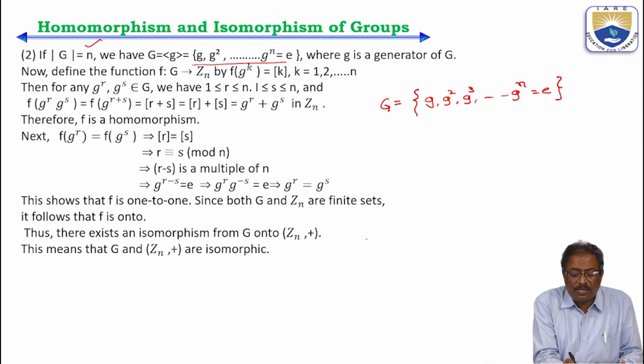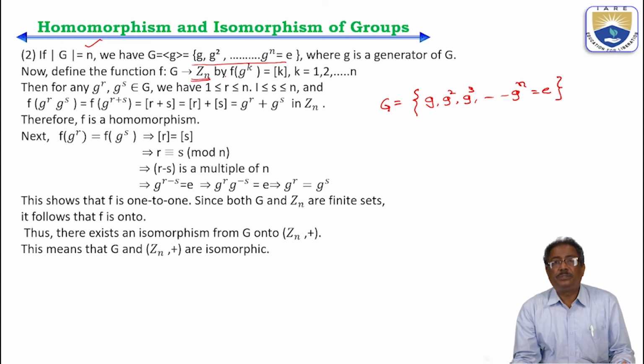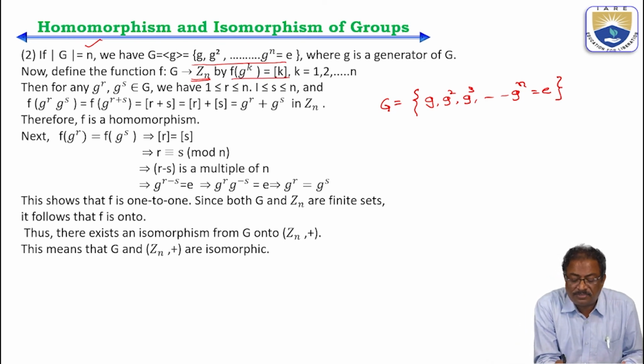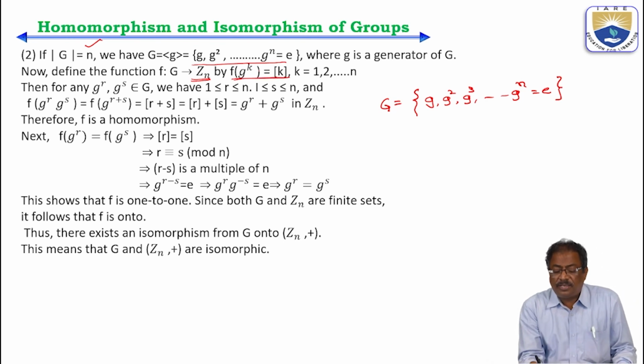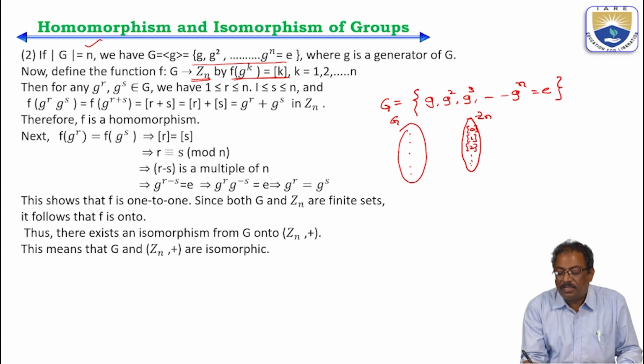Now here we have a mapping from G to Zn, which is defined like this. Here G is G power 1, G power 2 and so on, and Zn is congruent to 0, 1, 2 and so on up to n minus 1.